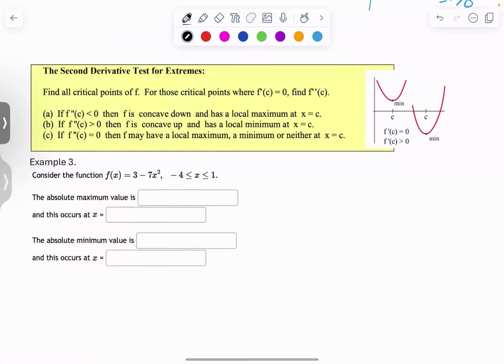And what I'm going to do is find f prime of x, and that's going to be negative 21x equals 0, which implies that x equals 0 is a critical value. Now, when I plug in x equals 0 into the original function, I get 3, which means the point 0, 3 is a critical point.